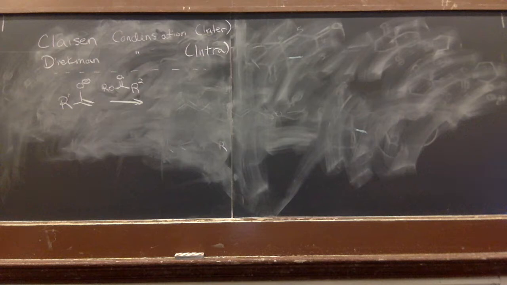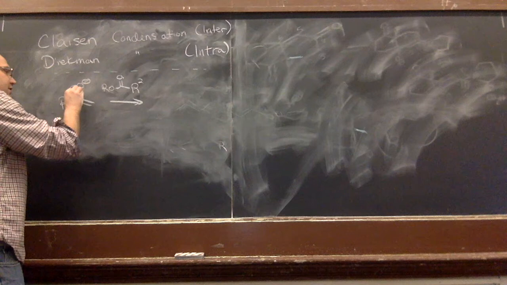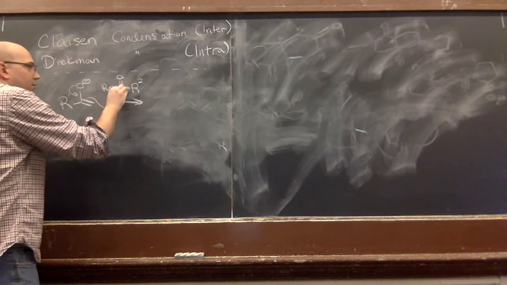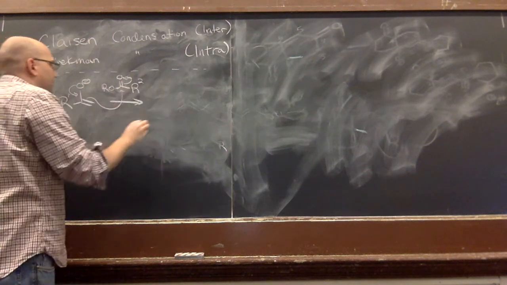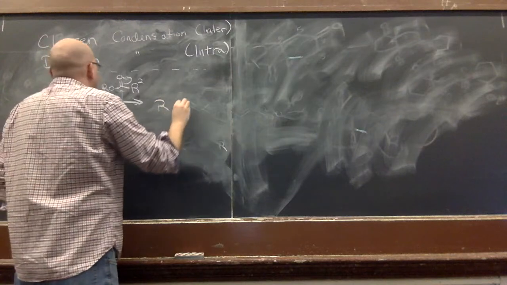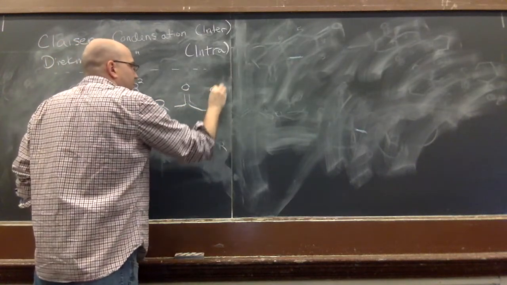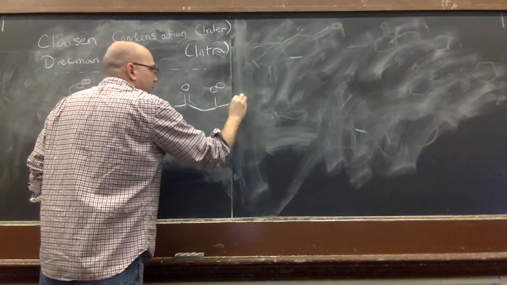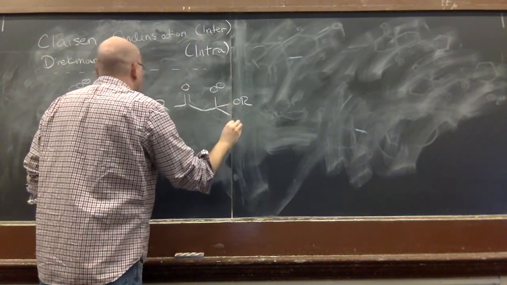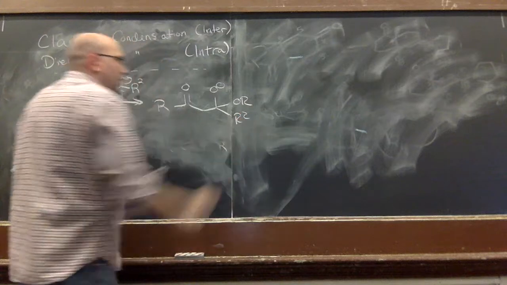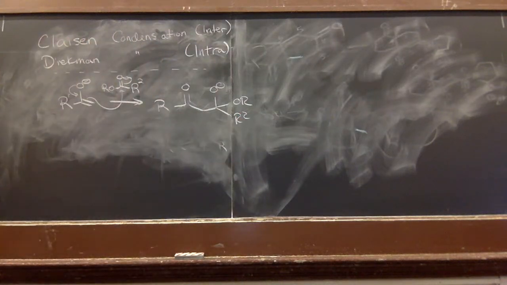But as you might imagine, based upon what we've seen in the past of adding molecules into esters, once we do that first addition, what do you guys think is going to happen?